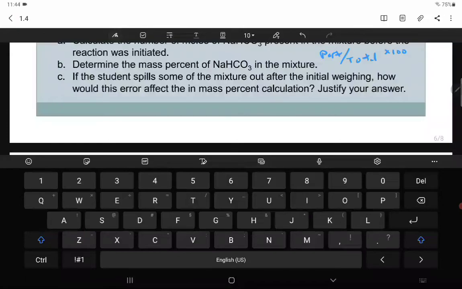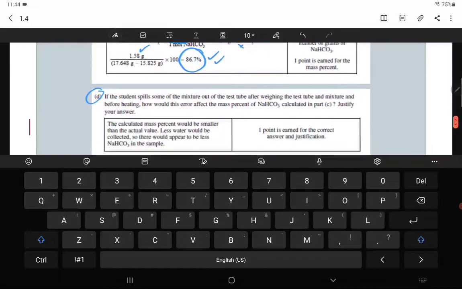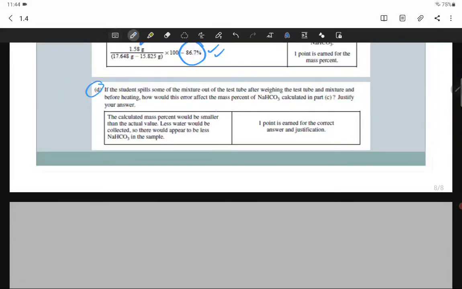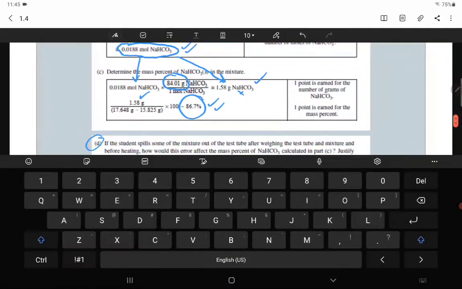So the best way to do it is to look at all of your math and see where that number would be impacted. And so let's go and look at the work. Well, let's look at their answer first. It said it would be smaller. And let's try to figure out why it would be smaller.